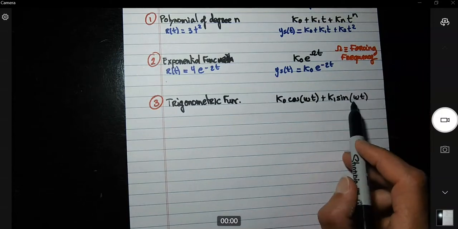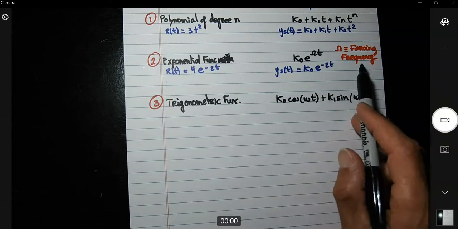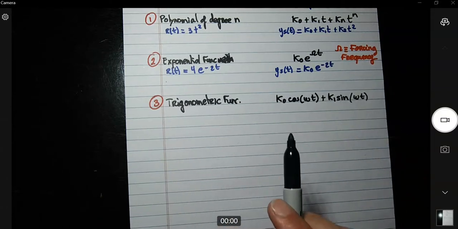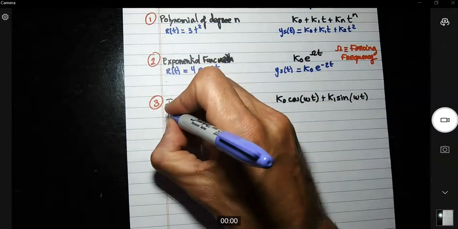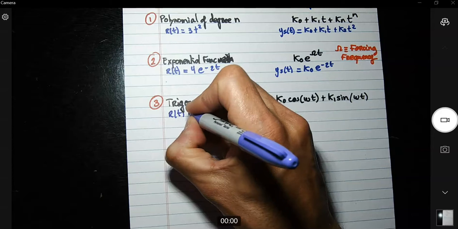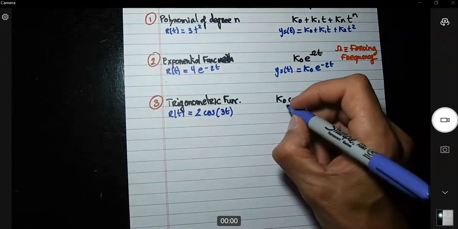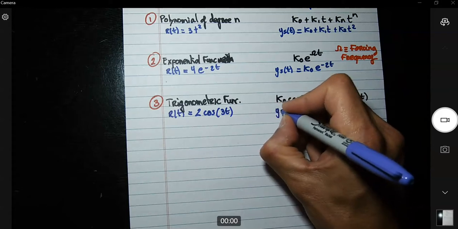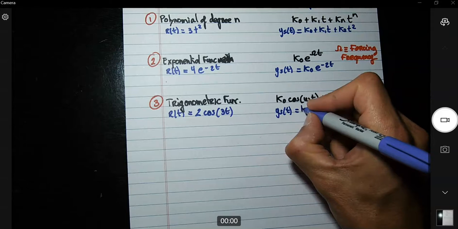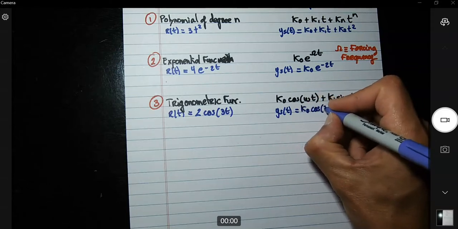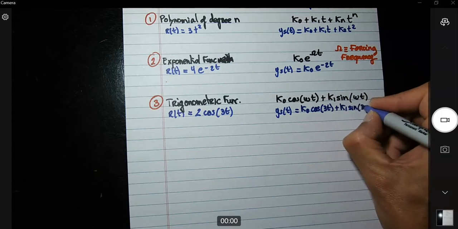In this case, this will also be the forcing frequency, but I'm using lowercase omega. You will see why on the fourth case. Let's give a quick example. Let's say r of t could be equal to 2 cosine 3t, so that the solution y specific of t will be equal to k naught cosine 3t plus k1 sine 3t.